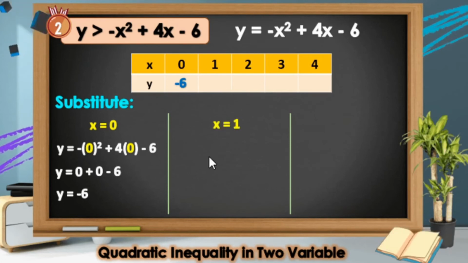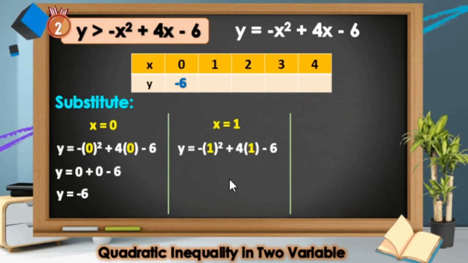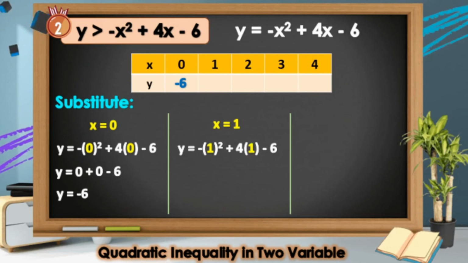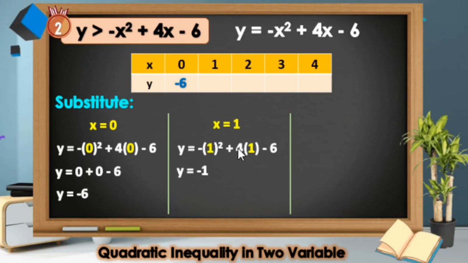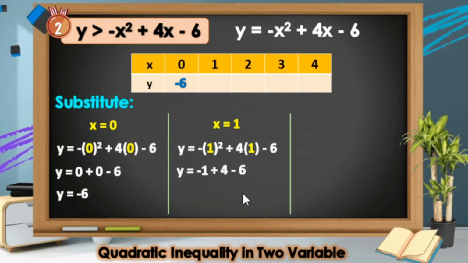Next, if x is 1. So, substitute natin yung 1 sa x. So, we will have y is equal to negative times 1 squared plus 4 times 1 minus 6. Negative times 1 squared is negative 1, plus 4 times 1 is 4, minus 6.